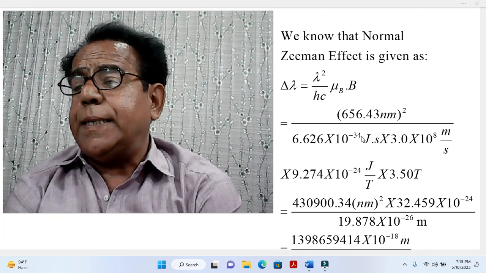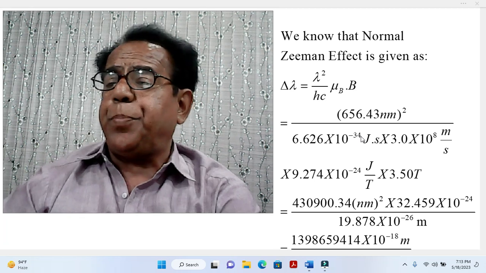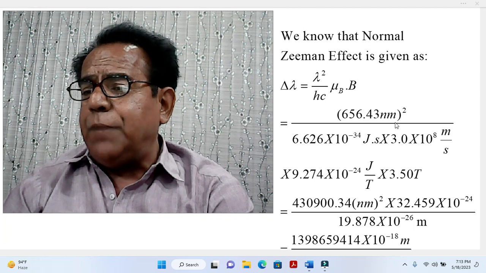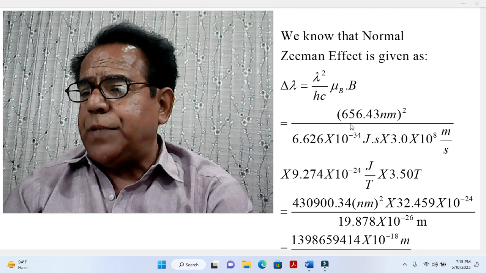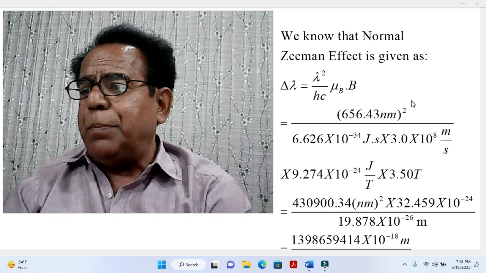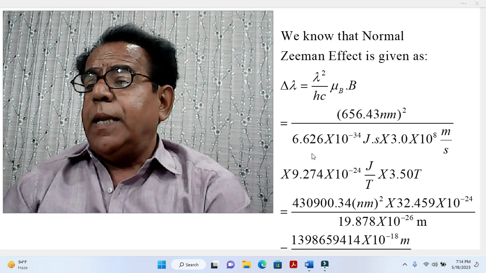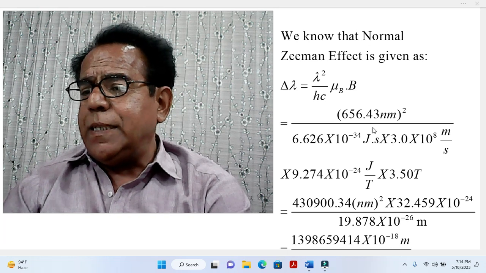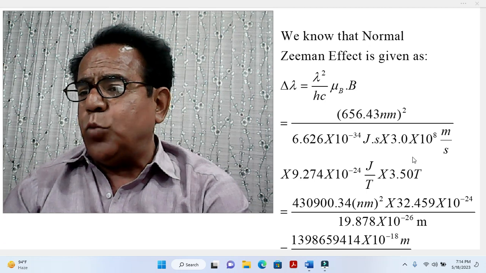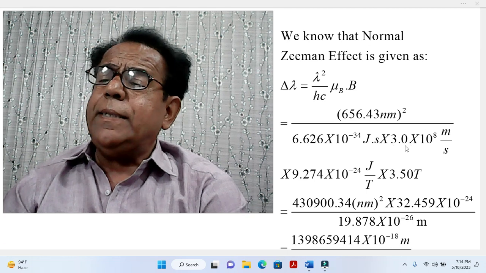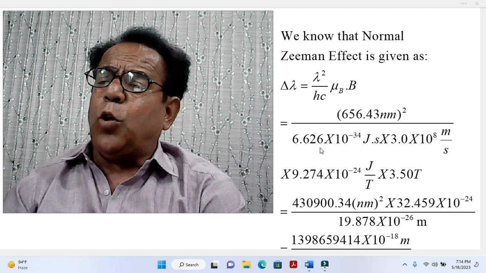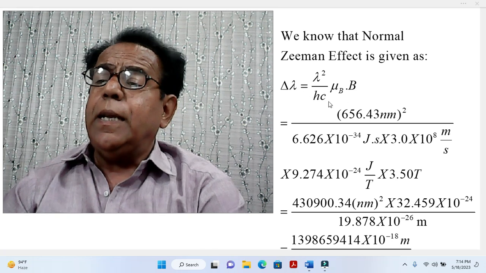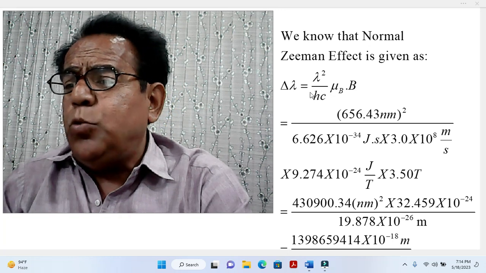This alternatively becomes equal to what we have done here. We have just used the value of lambda which we have calculated in our previous step. This is lambda square and this is hc, this is h, Planck's constant, and this is c. Dear students, here once again we had an option whether we use the combined value of this or we use separate values of h and c.